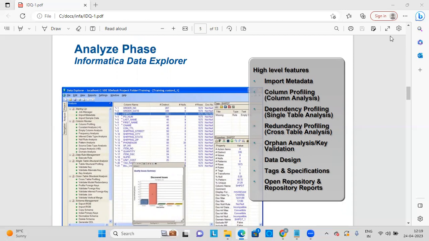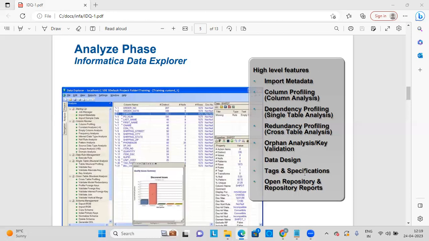So remember, we talked about one of the major points in the discover layer, which is profiling or understanding. So the analyst tool or explorer tool supports multiple profiling techniques. Can you see here, guys? Column profiling, functional dependency profiling, cross table analysis, or orphans, like using join, you can identify.